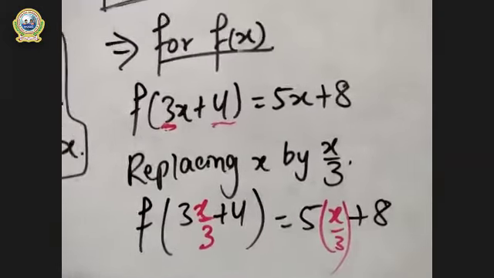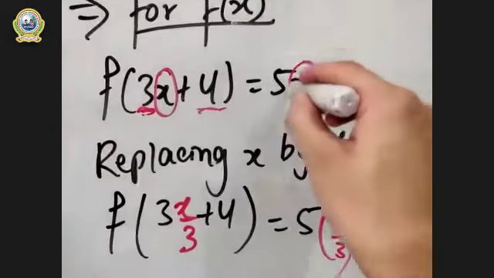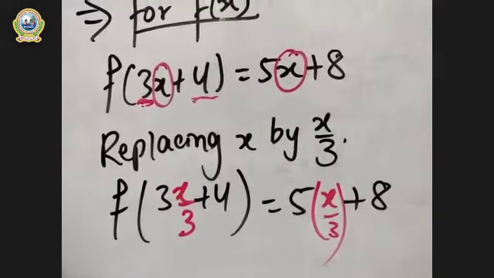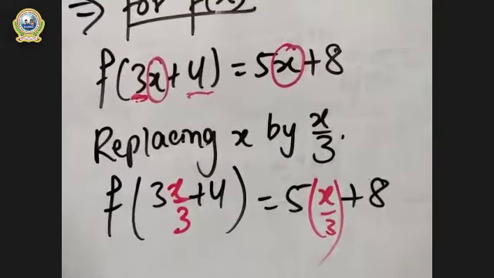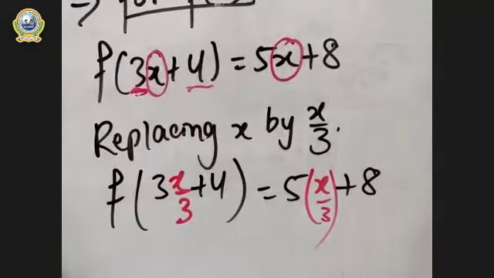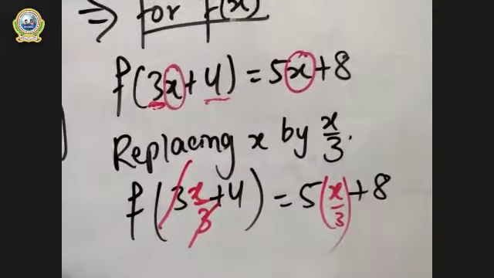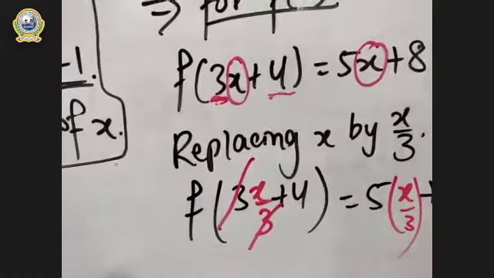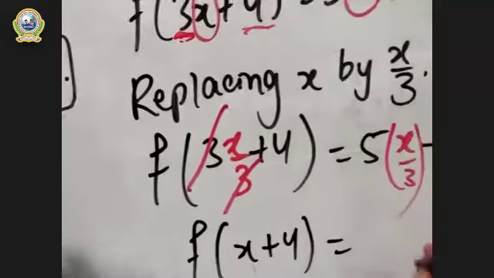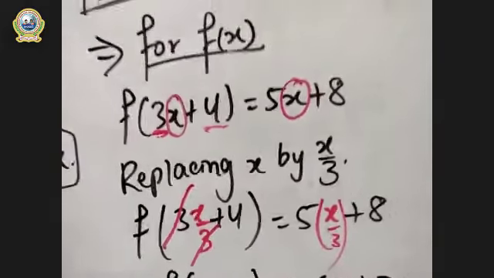We replaced this x by x/3, and even this x has been replaced by x/3. This can be done in the left part and right part both. If you do this, then this 3 will get cancelled. Now you will have f(x)+4 equal to 5x/3+8.